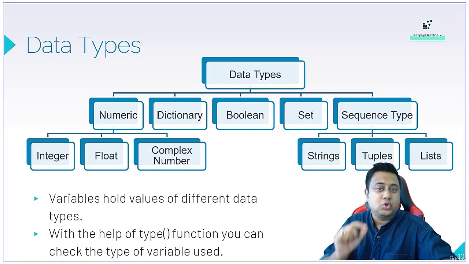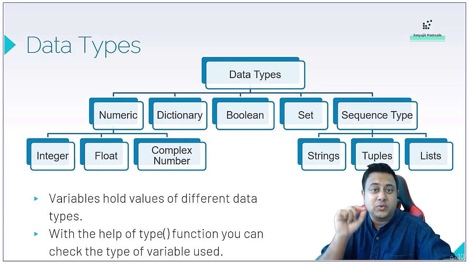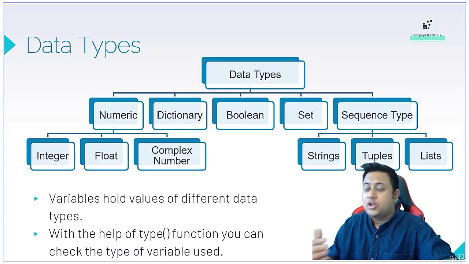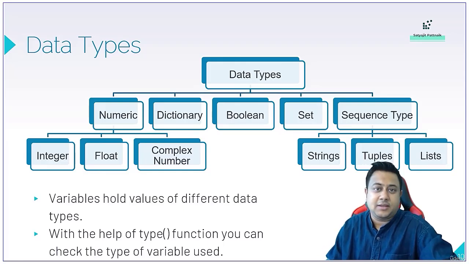So in the string Hello, the 0th index will have H, the first index will have E, and it goes on, LLO. We also have tuples and lists, which are also termed as sequence types. Variables hold values of different data types. With the help of the type function, you can check the type of variable used.